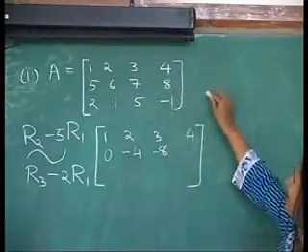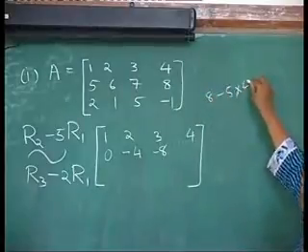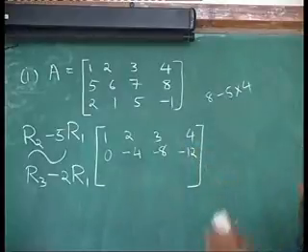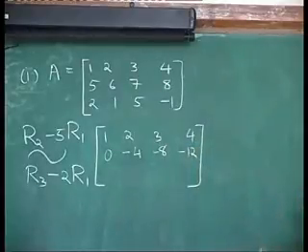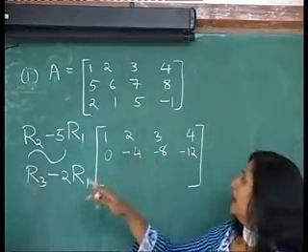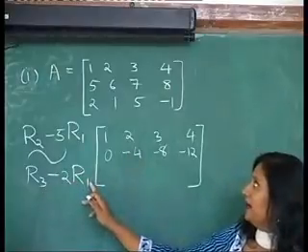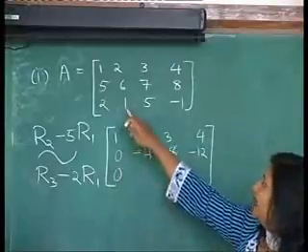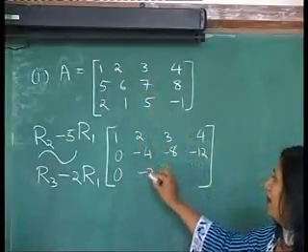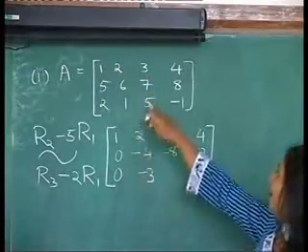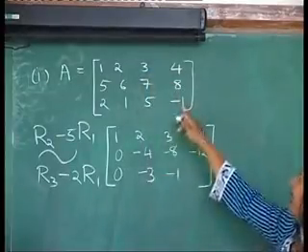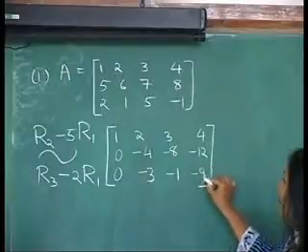Then we have 8 minus 5 into 4, 8 minus 20, which is minus 12. Now let's go to the third row. It is R3 minus 2R1. So it will be 2 minus 2, 0. 1 minus 4, minus 3. 5 minus 6, minus 1. Minus 1 minus 8, minus 9.